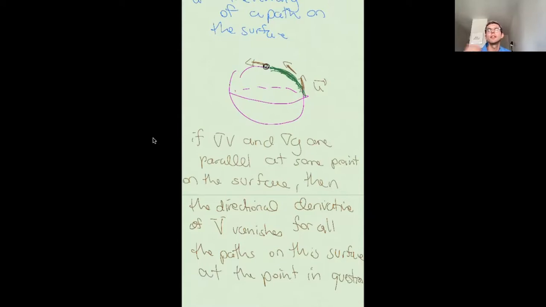The thing is, through a point on the surface there are many paths that will go through it. For example, you could move through the green path, but you could also move through this red path, right? So there are many paths that you can draw on the surface that go through a particular point. No matter which path you had chosen, the directional derivative will be zero along any of those paths.